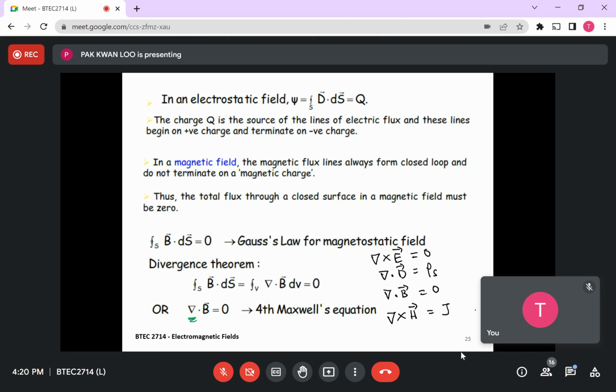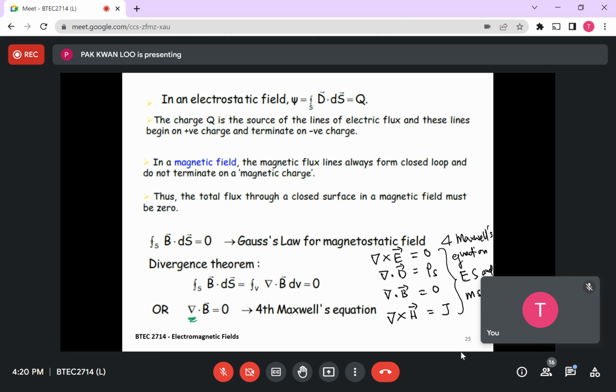So this is the four equations in point form, the four Maxwell equations for electrostatic and magnetostatic. The results of these four equations are only applicable for electrostatic and magnetostatic.